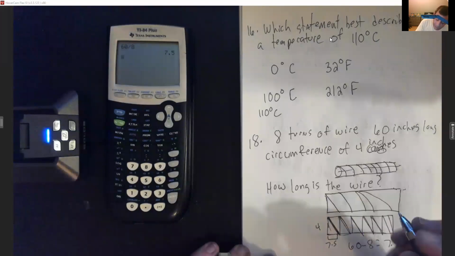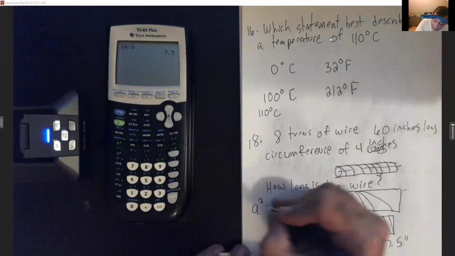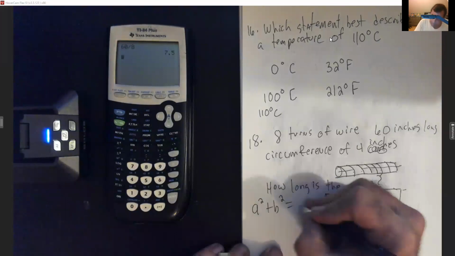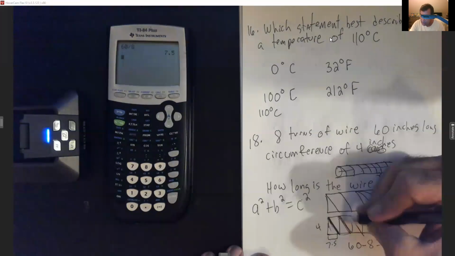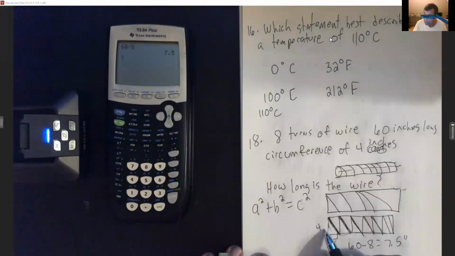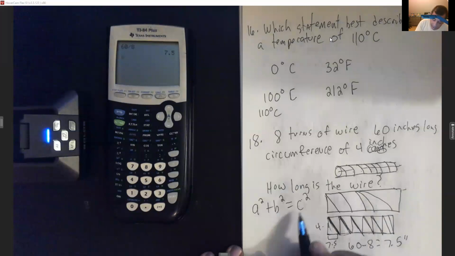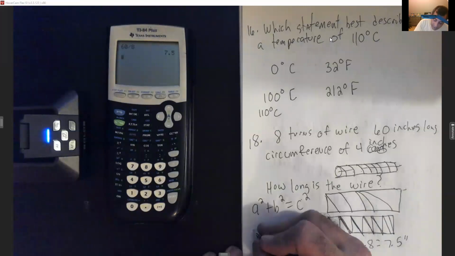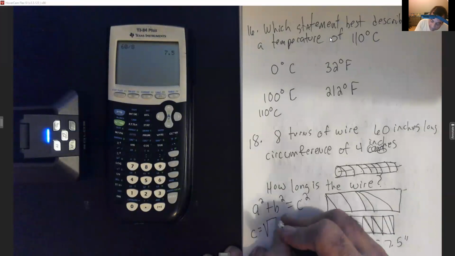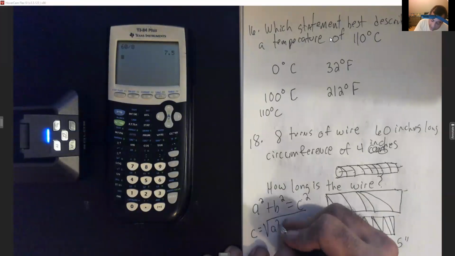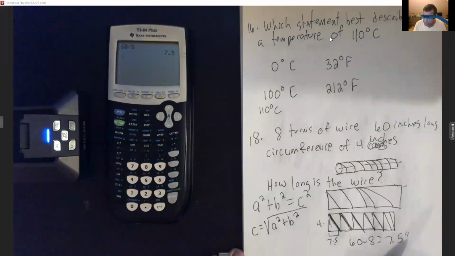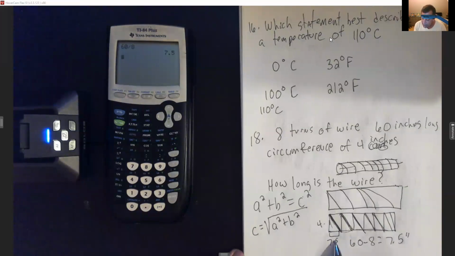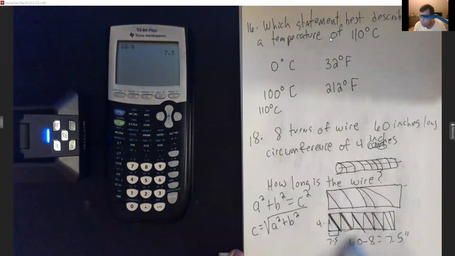And y'all, we got a friend called the Pythagorean theorem that we use to solve those. C is your hypotenuse, which is the longest side of our triangles. This is A and this is B. Now to solve this, C equals the square root of A squared plus B squared. So when you're doing this, you're going to have the same formula I am. The only difference might be the circumference or how long your pole is.